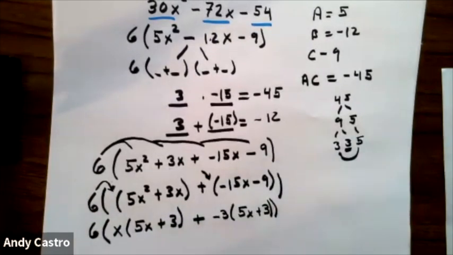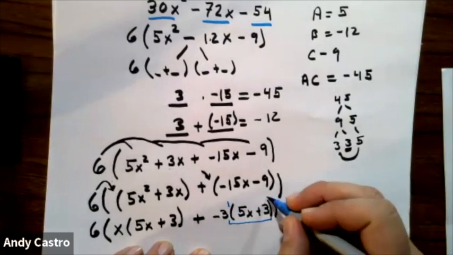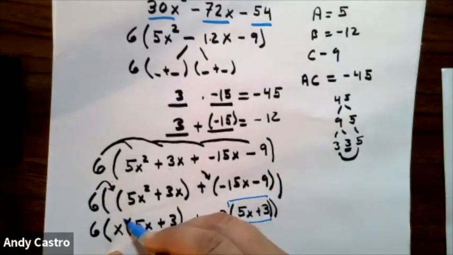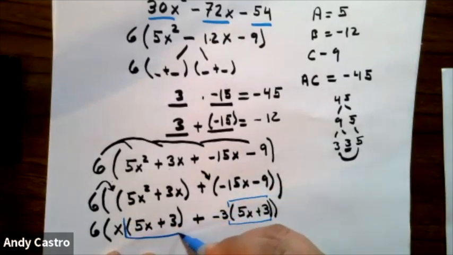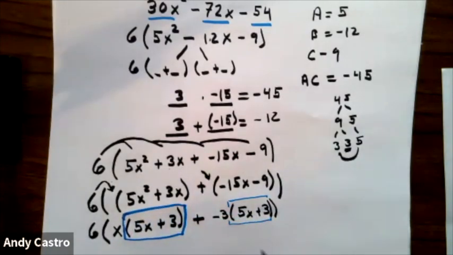Okay, for that x. Now, you can see that I've got identical binomials here and here. So I'm going to pull them out of these two terms.